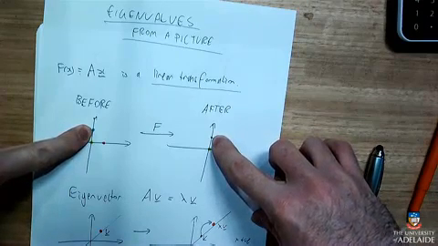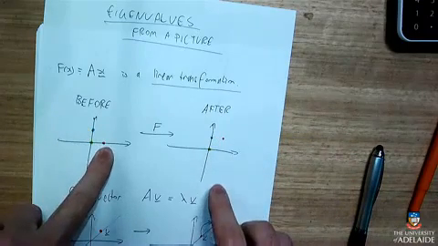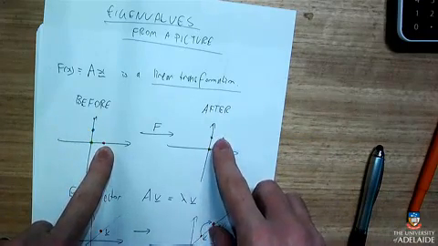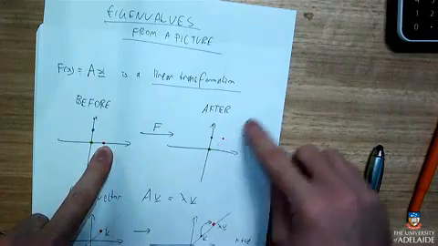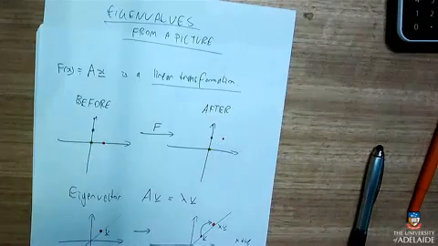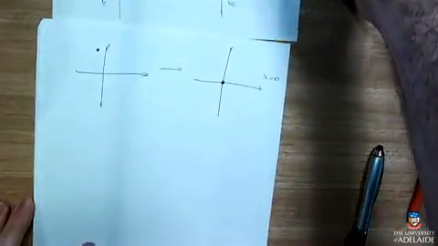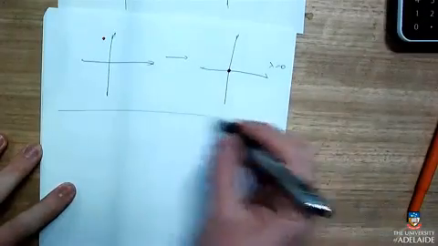So the lambda is 1 because it stayed in the same position. Whereas this one isn't an eigenvector because it moved into a different direction. It was on the x-axis before and now it's on the line y equals x, so it's not an eigenvector. Okay. So we can now, knowing this information, make up some questions.